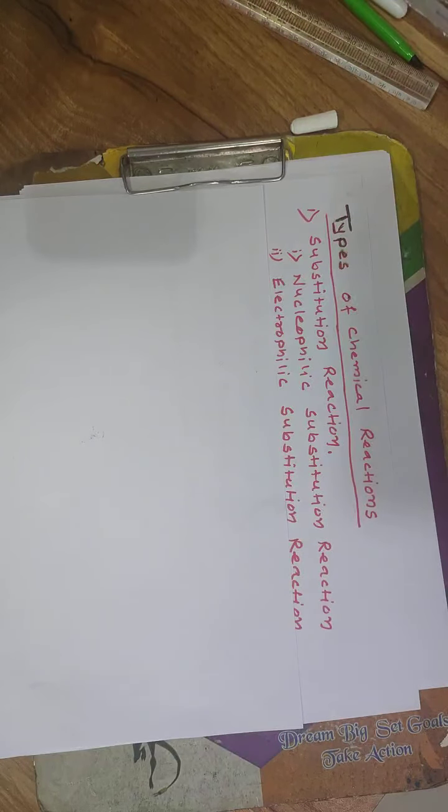Second classification is the electrophilic substitution reaction. In electrophilic substitution reaction, for example, nitration of benzene. Benzene reacts with nitrating reagent, that is a mixture of concentrated H2SO4 and concentrated HNO3.